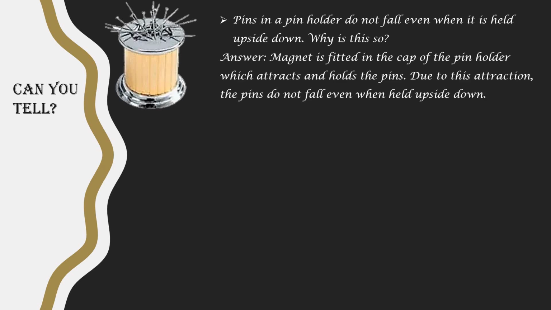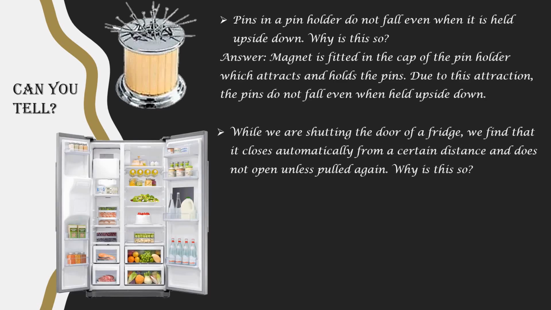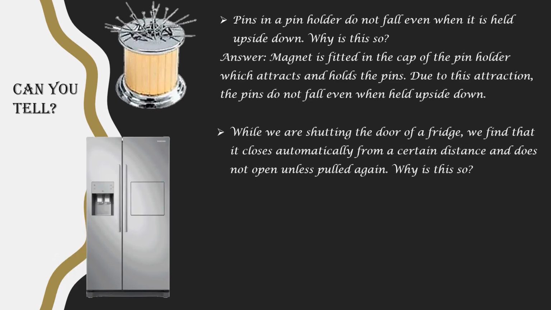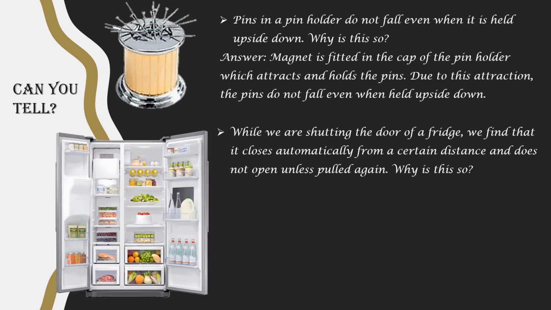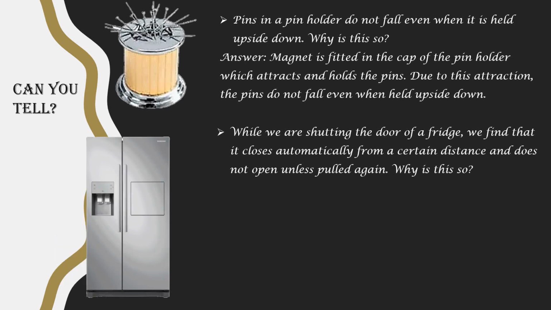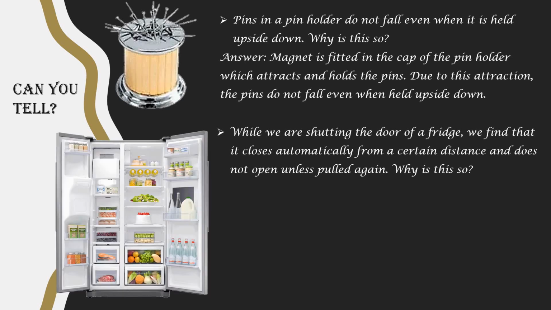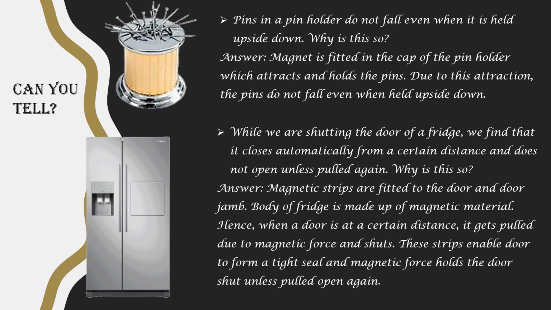Now the second question. While we are shutting the door of a fridge, we find that it closes automatically from a certain distance and does not open unless pulled again. Why is this so? Correct. Magnetic strips are fitted to the door and door jamb.